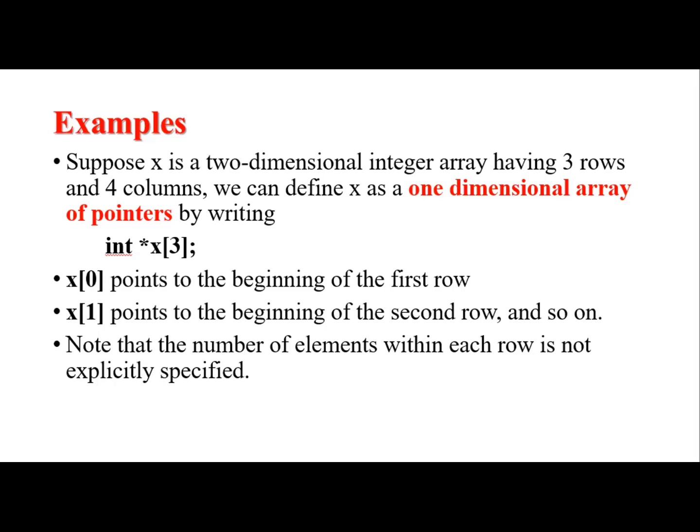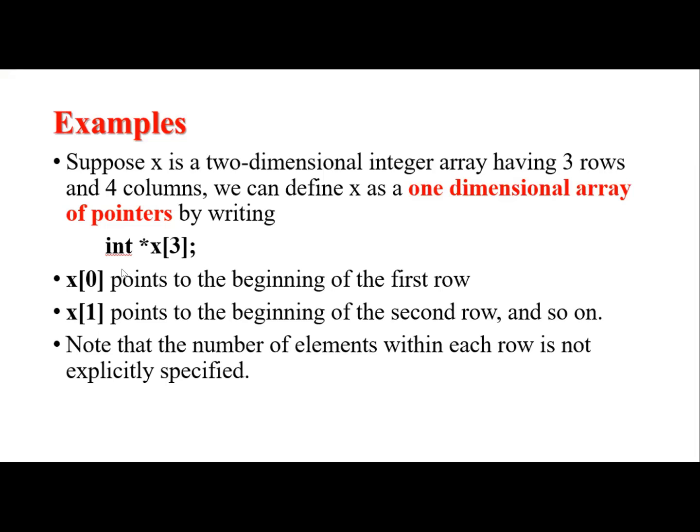Okay, so for example, this is our array. If you are supposed to define a two-dimensional array of size 3 rows and 4 columns, then we can define this array as int star, then name of your array, and then how many rows.